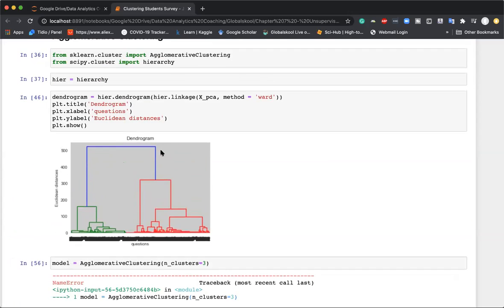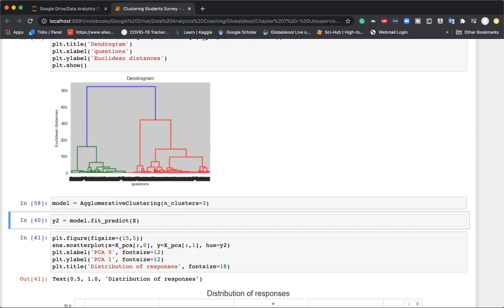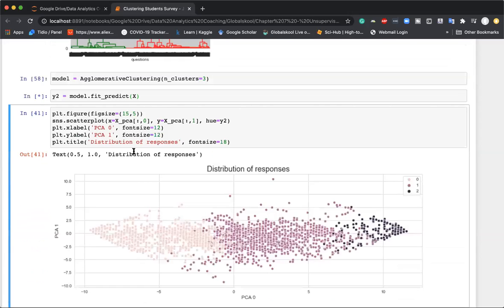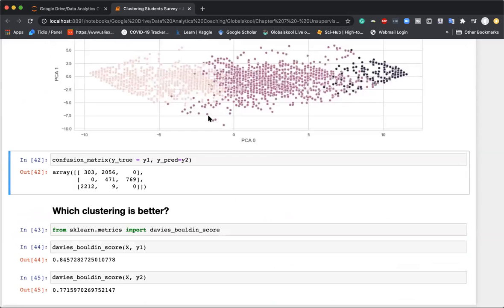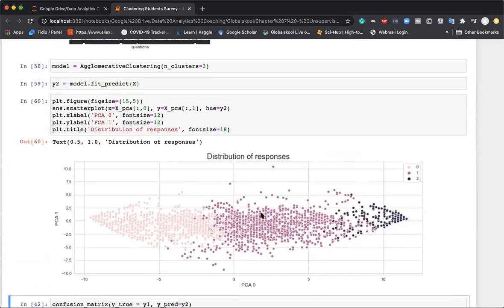So I have to load this first. If I say I want 3 clusters using agglomerative clustering, and then I fit and predict the model for Y, and then we plot the data, we can see that agglomerative clustering gives me this kind of plot.